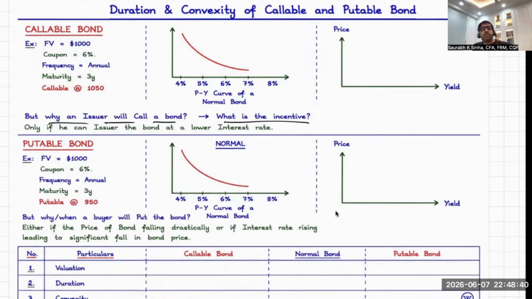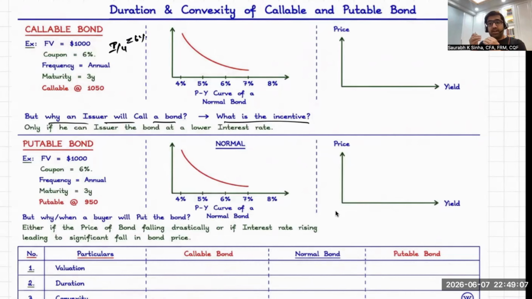The incentive will be only if in the market the interest rate has fallen. Why? Because understand, the issuer has issued a bond of coupon 6% and assume that in the market, the interest rate is also 6%. And that's why he issued the bond at 6%.